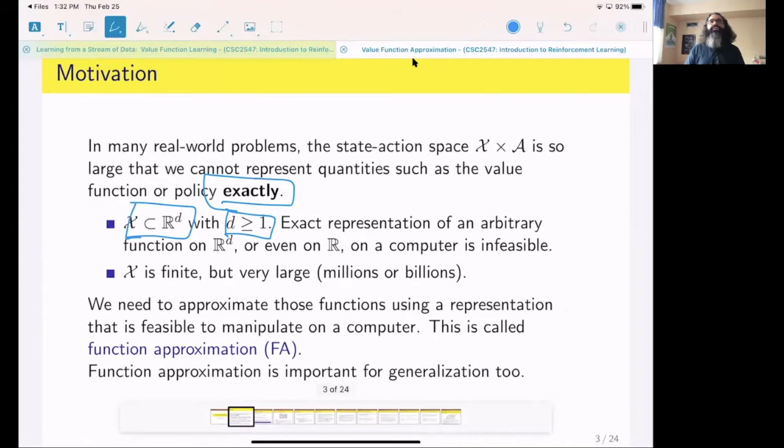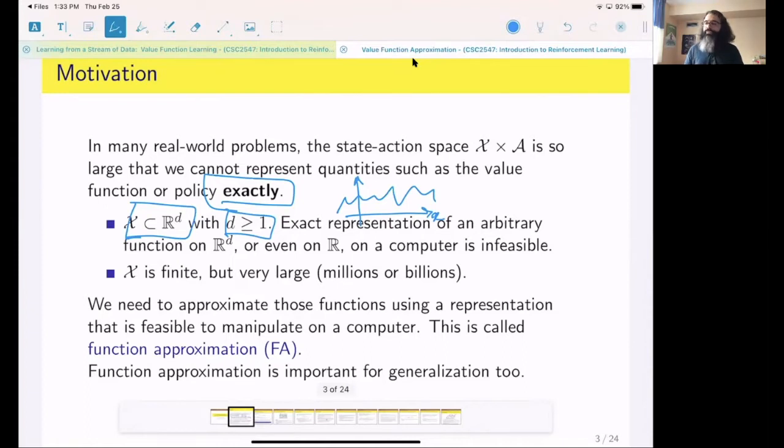Even if the function is, say, one-dimensional, an arbitrary value function on R is difficult to represent exactly. It is impossible because there are uncountably infinite different points on the real line, so we can't represent it with a finite computer.